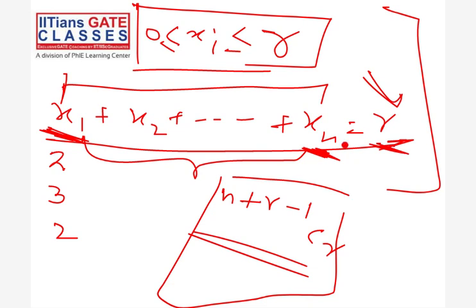This n represents how many types we have. This r tells us how many elements we have to pick. The summation must be equal to r, and each individual xi can go from 0 to r, because you can pick a minimum of 0 and a maximum of r, and you want the summation to be equal to r.